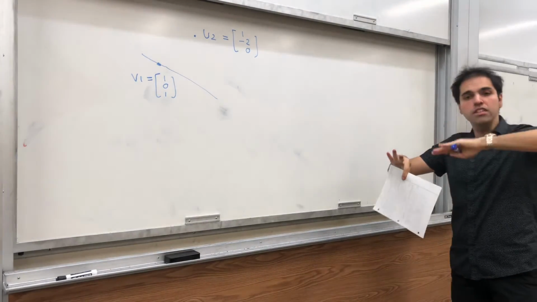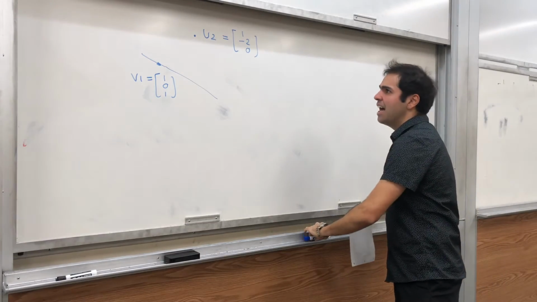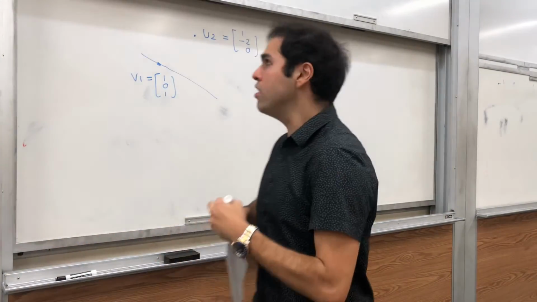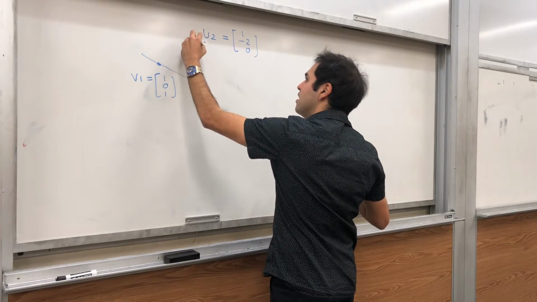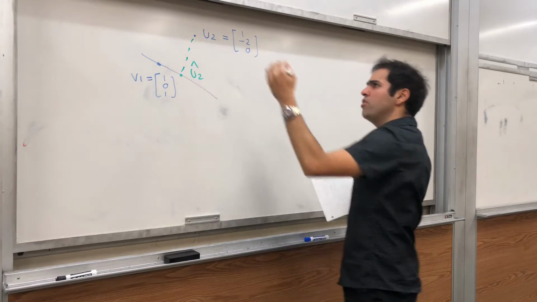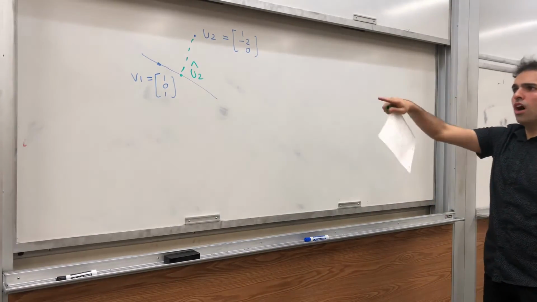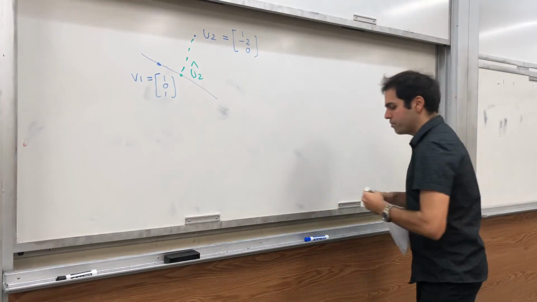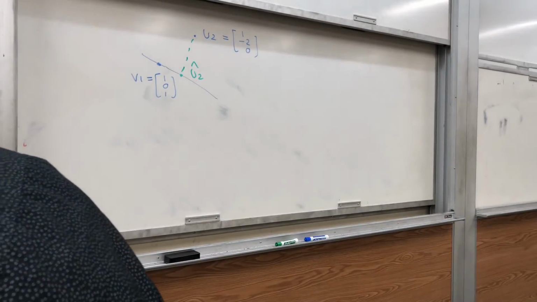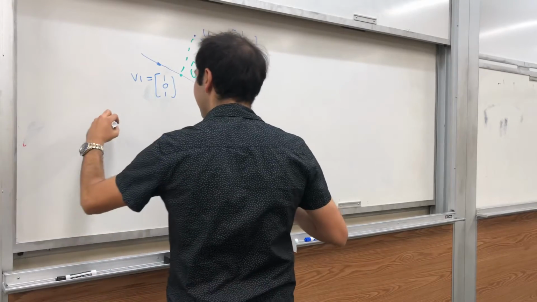And the point is V1 spans a line. And what you would like to find is simply what I call U2 hat, which is just the orthogonal projection of U2 on this line V1. And there is a formula for that, luckily. So how do you find it?